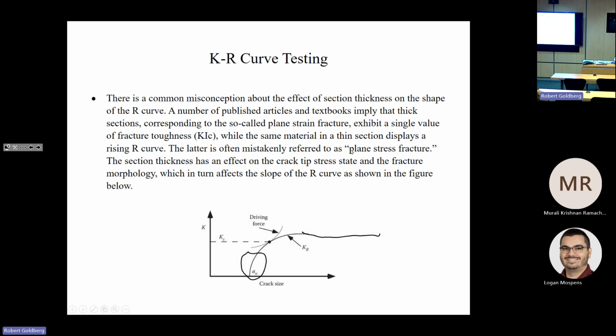So you can also define the critical stress intensity factor as this point where the driving force is tangent to the R curve. And this instability point is not a material property, though, because the point of tangency depends on the shape of the driving force curve, which is governed by the size of geometry in the cracked body.